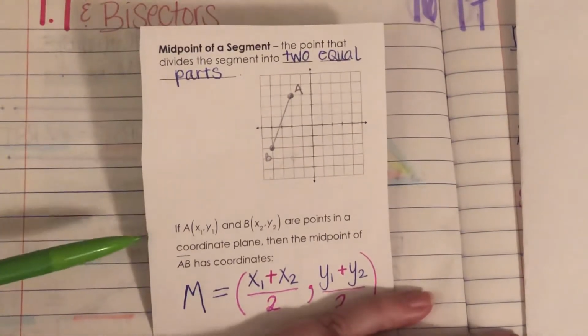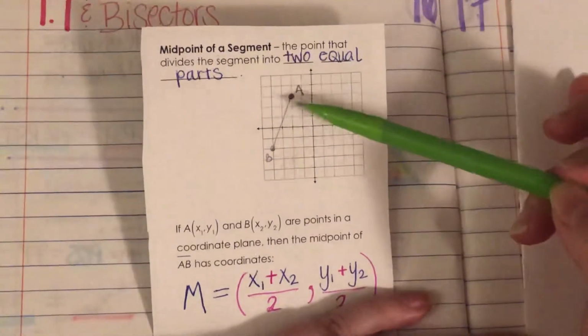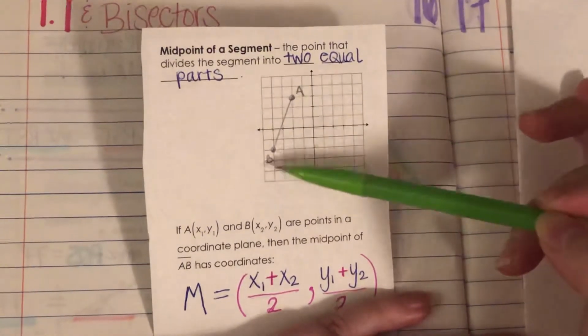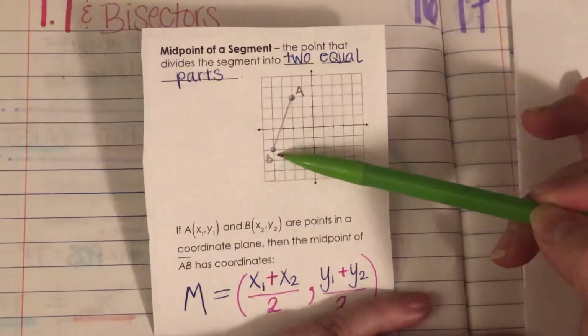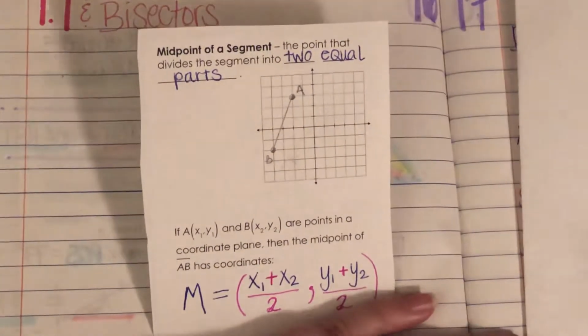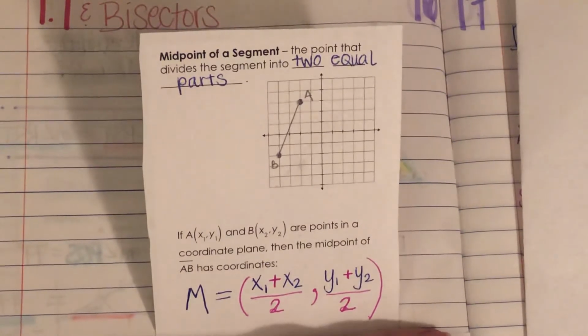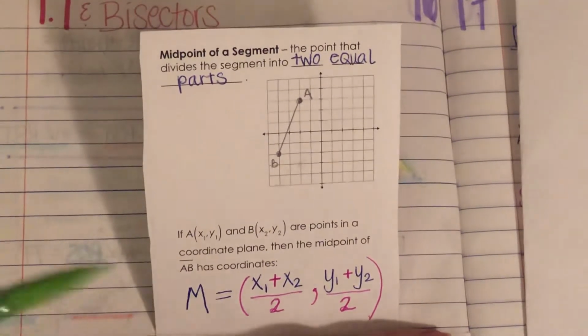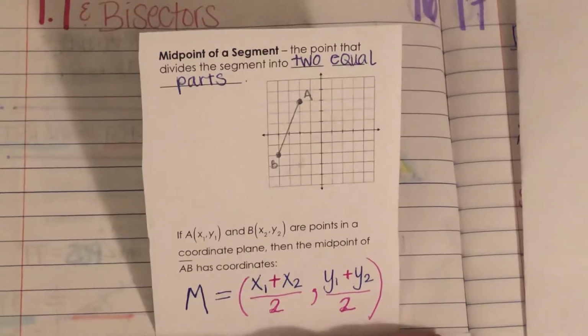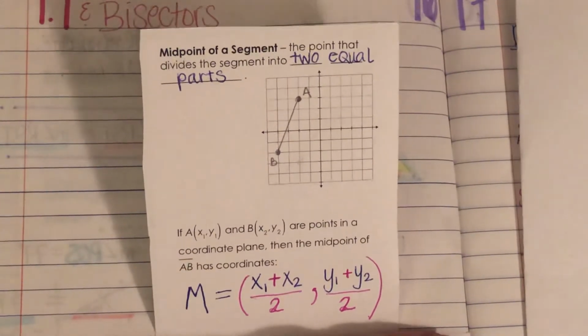Okay, so if I have my 2 points, A that's x1, y1, and B that's x2, y2, then when they're on the coordinate plane, my midpoint for segment AB has these coordinates: x1 plus x2 divided by 2, y1 plus y2 divided by 2.